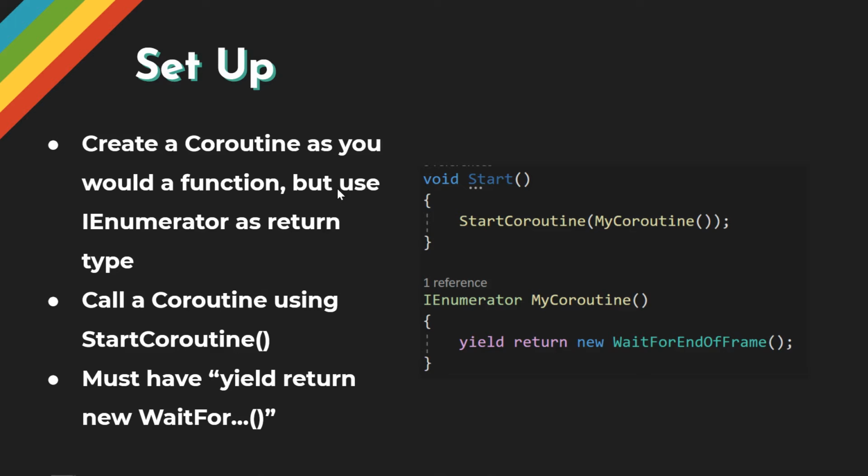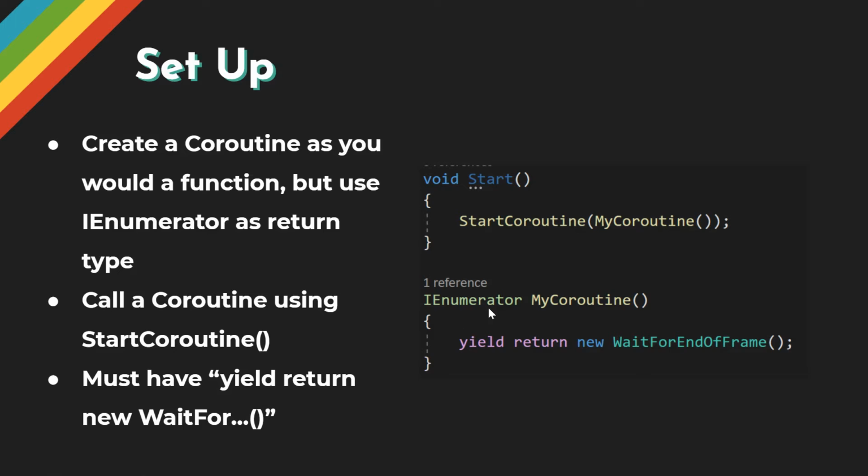But there's a couple of funky syntax things you have to do to actually set it up and use it. To set up a coroutine, you create it as you would a function, where instead of void or string or whatnot, you say IEnumerator, and then whatever you want to name it.